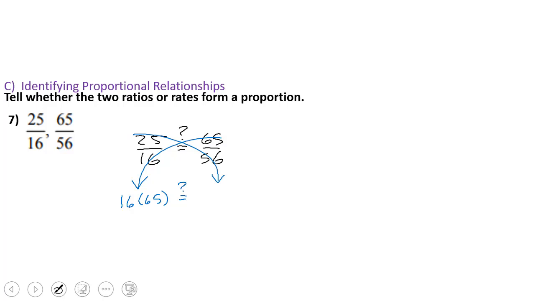Is that equal to 25 times 56? Well, 16 times 65 is 1,040, and 25 times 56 is 1,400. Are those equal? No, they are not. So these two quantities do not form a proportion.